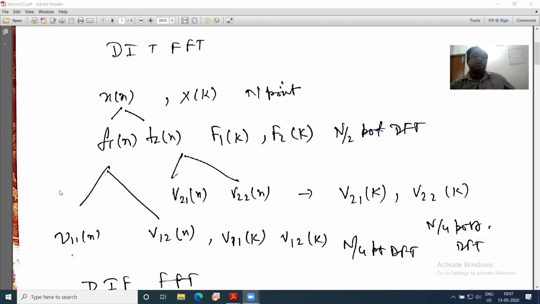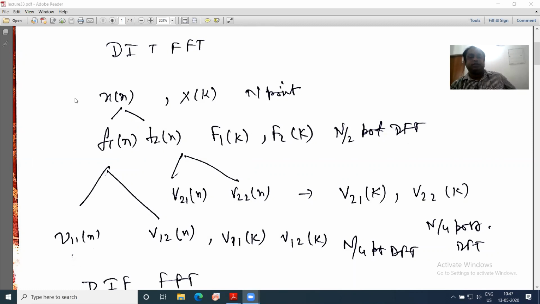Now this f1 of n is again divided into two parts, v11 of n and v12 of n, and f2 of n is again divided into two parts, v21 of n and v22 of n. The corresponding DFTs are B21 of k, B22 of k, B11 of k, and B12 of k. They are all n by 4-point DFTs. So this was the flow of the DIT-FFT algorithm: x of n, two signals, then again two signals.